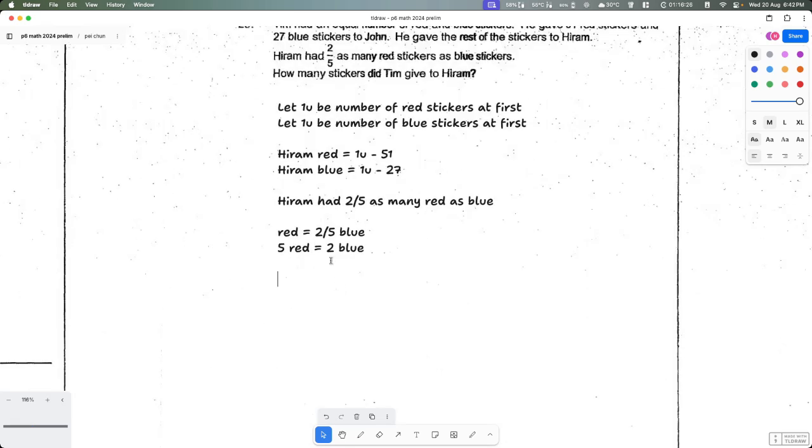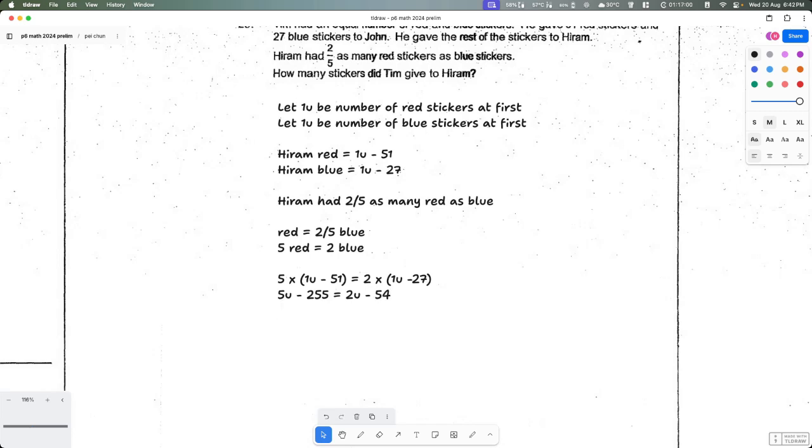Okay, so with that said, we can say 5 times red, which is 1 unit minus 51, is equal to blue, which is 2 times 1 unit minus 27. So that means 5 units minus 255 is equal to 2 units minus 54.